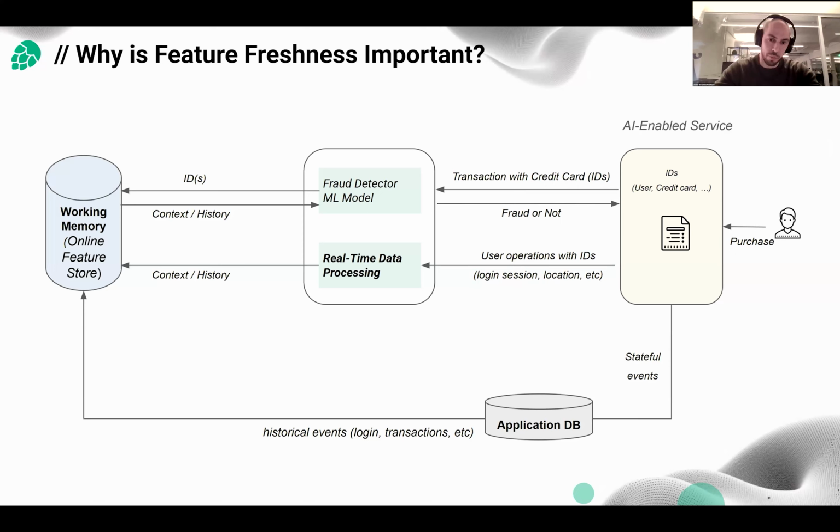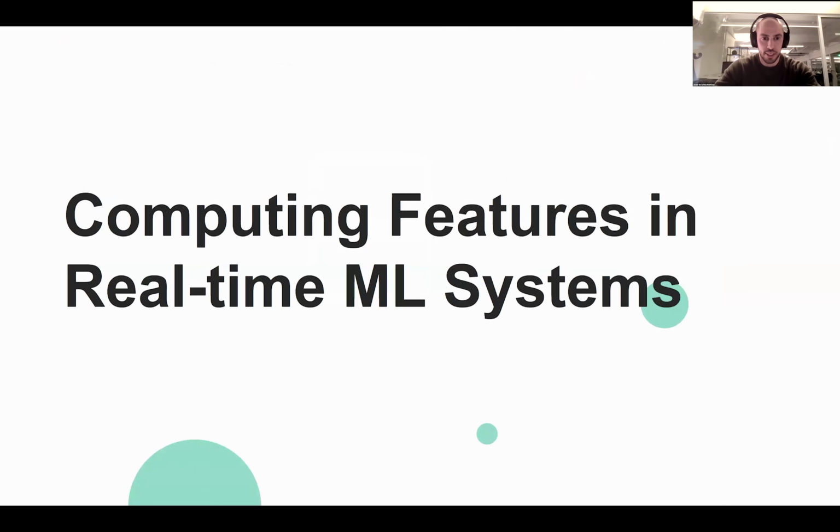These events are processed in our streaming pipeline and added to this context that will be used later for the predictions. So the more updated this context is, the more accurate the classification of these transactions we can achieve. That's why feature freshness is more important in some cases than others.